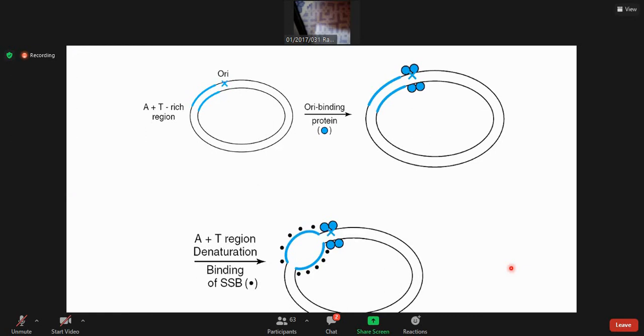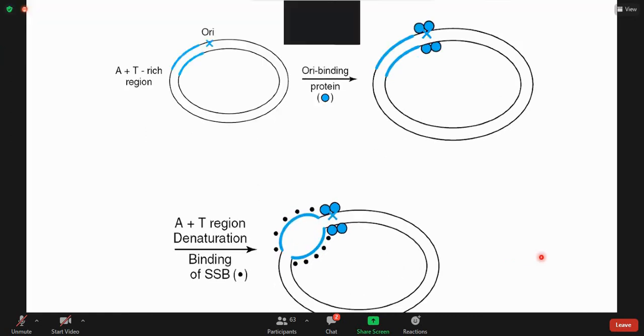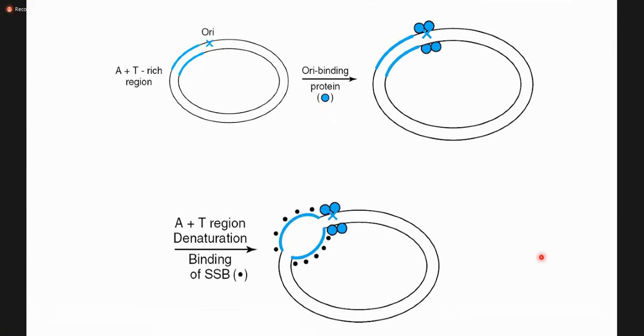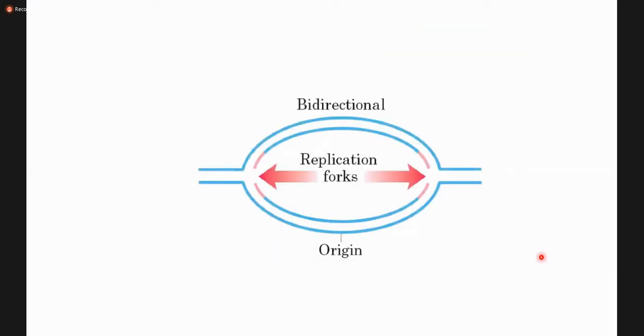So that's the origin of replication, in which the origin of replication is identified by the ORI binding protein, and then the single-stranded binding proteins keep both the strands apart and protect them from the nuclease enzymes.